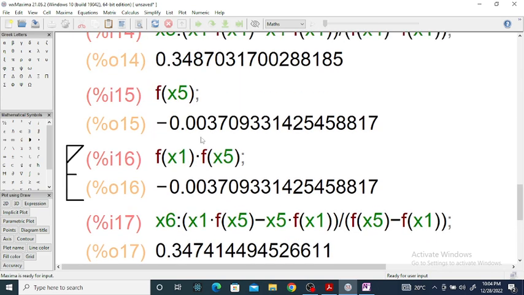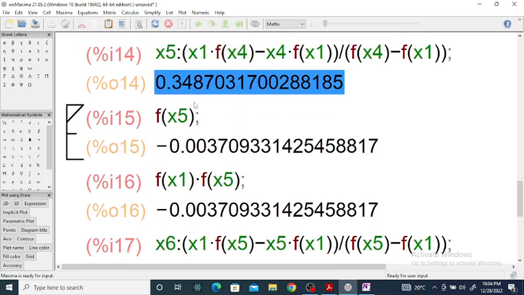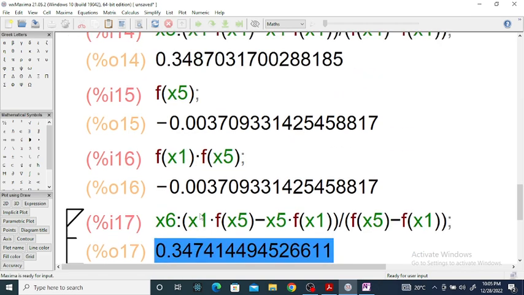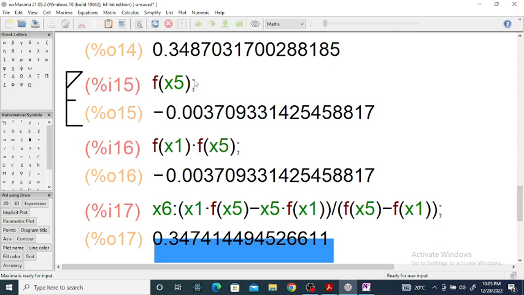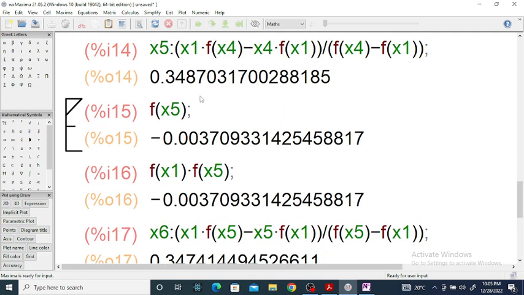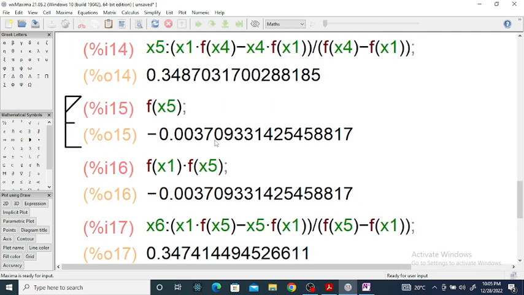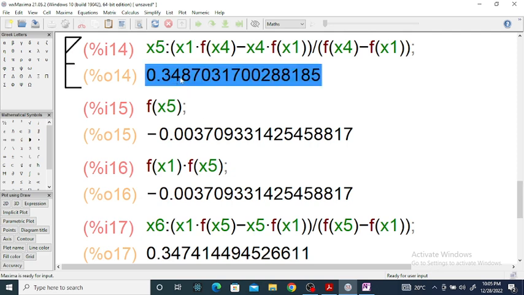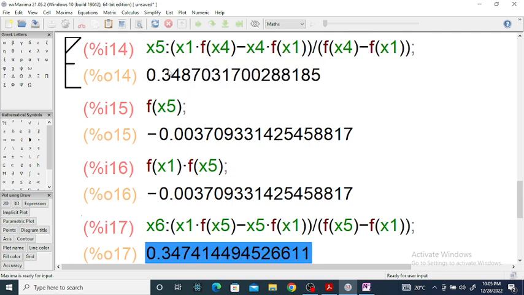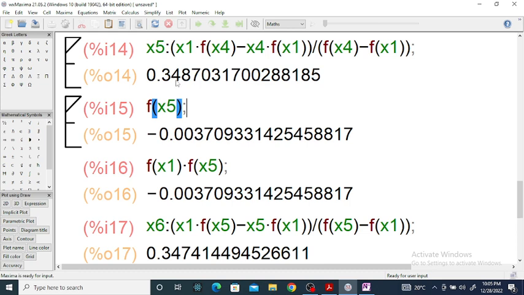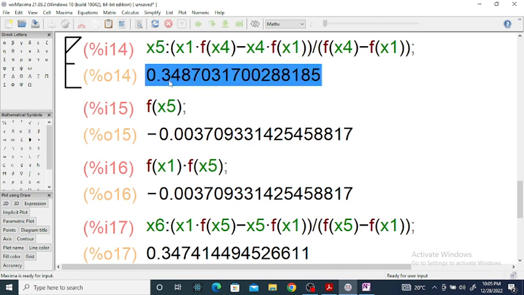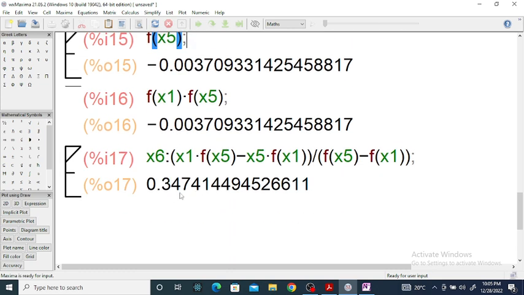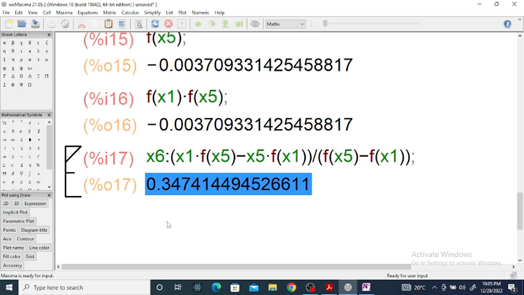Now you can check that this is the value of x5 and this is the value of x6. They are correct up to 2 decimal places, 0.34 and 0.34. If you find x7, it may be correct up to 4-5 decimal places.